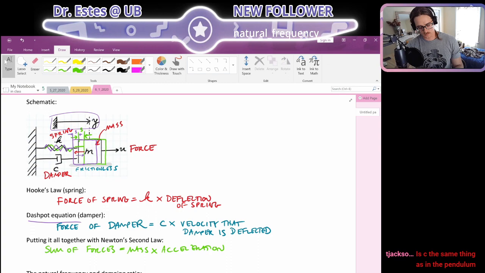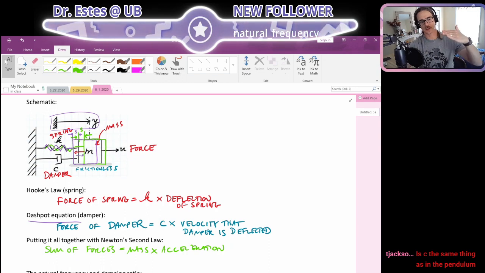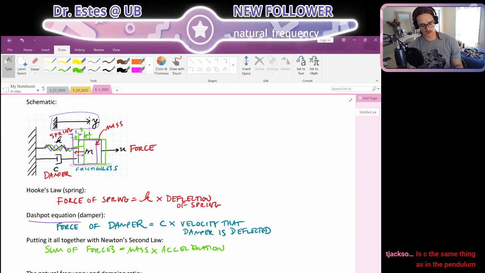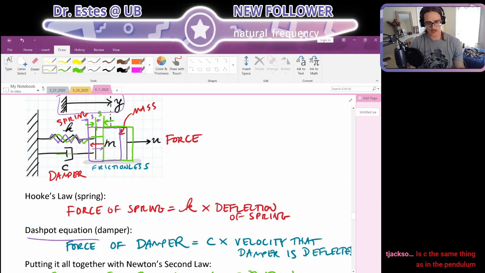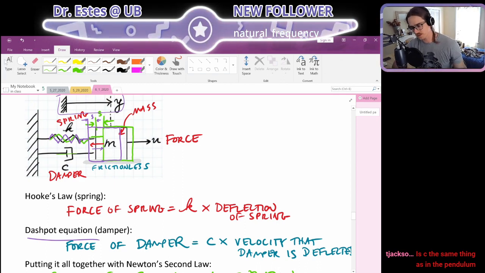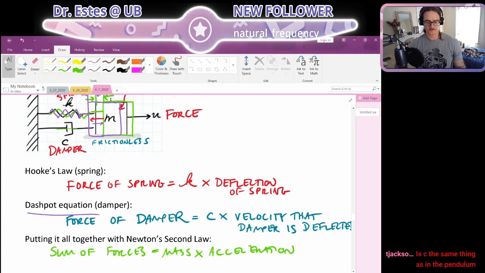So in the pendulum, we would call that rotational damping. As it swings around that joint, it has some friction in there. This one is like a friction just from translating. But you're exactly right. It's the same thing. It's a force proportional to the velocity.